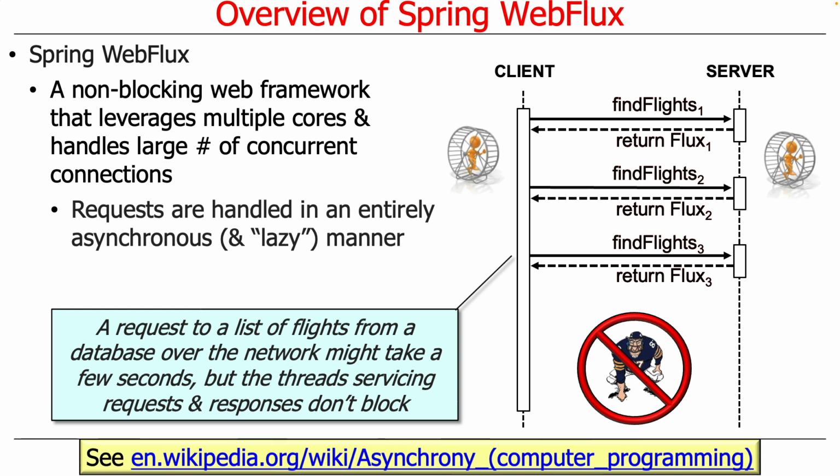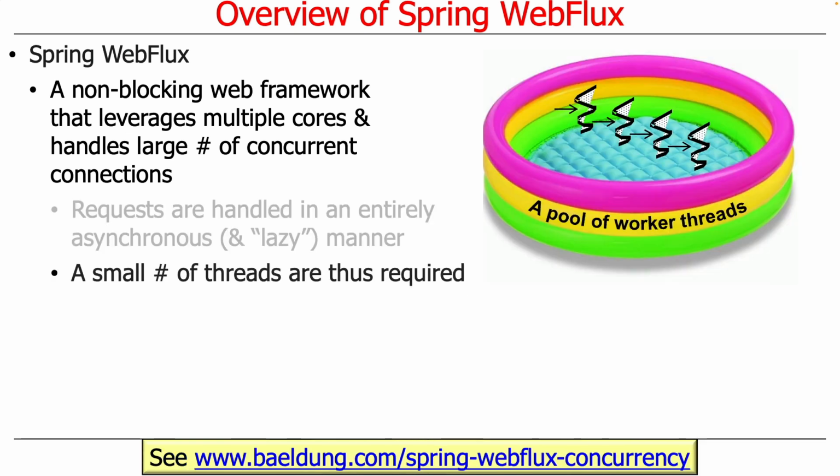The server has to look it up in a database, coalesce it into a list, and then send that entire list back to the client. But the cool thing about using WebFlux and Fluxes and reactive programming is that you can start getting the results back much more quickly, and you don't have to block the client or the server. So the whole thing becomes non-blocking if you play your cards right.